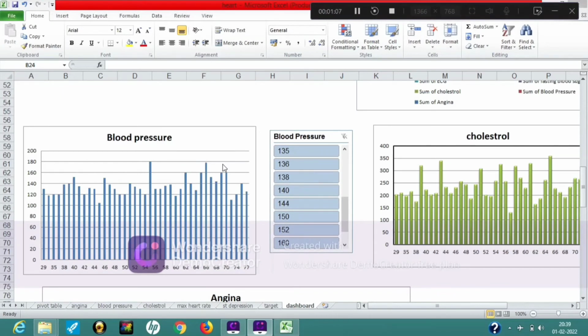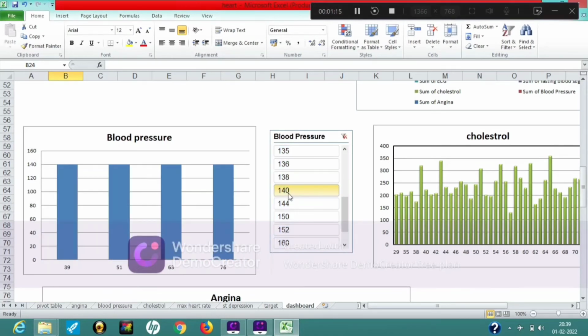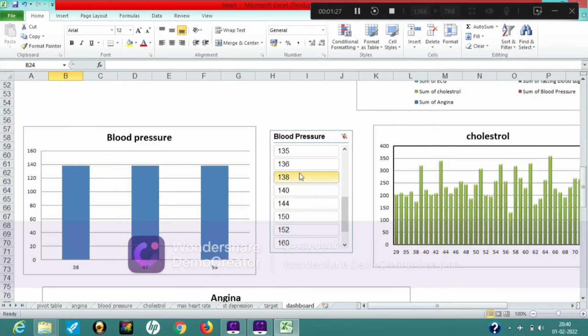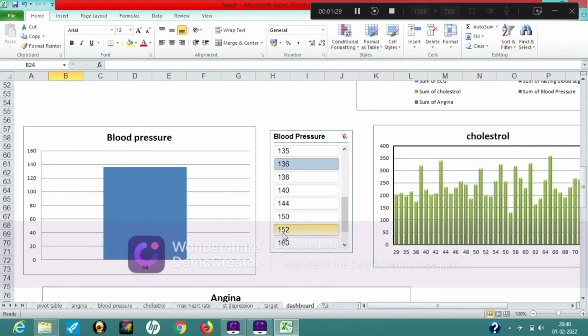For blood pressure, one slicer is available. For example, for 140, at the ages of 59, 39, 63, 76, and 152, at 45 and 67, and then 138, 136, 152.